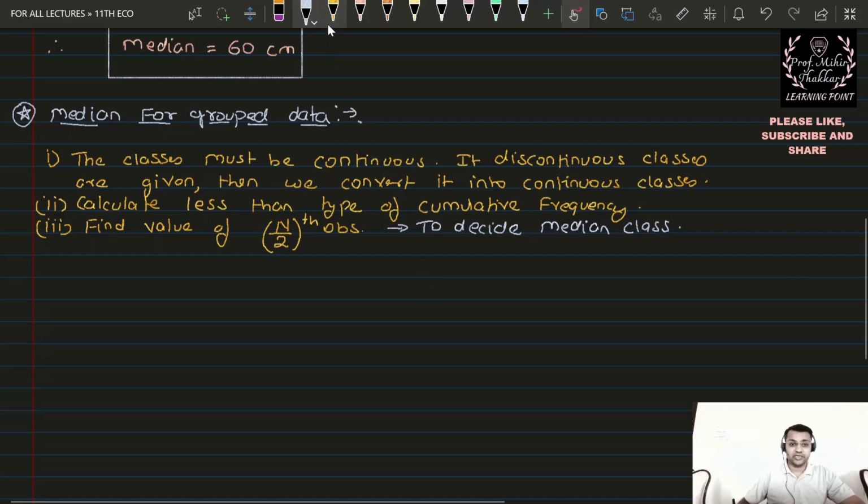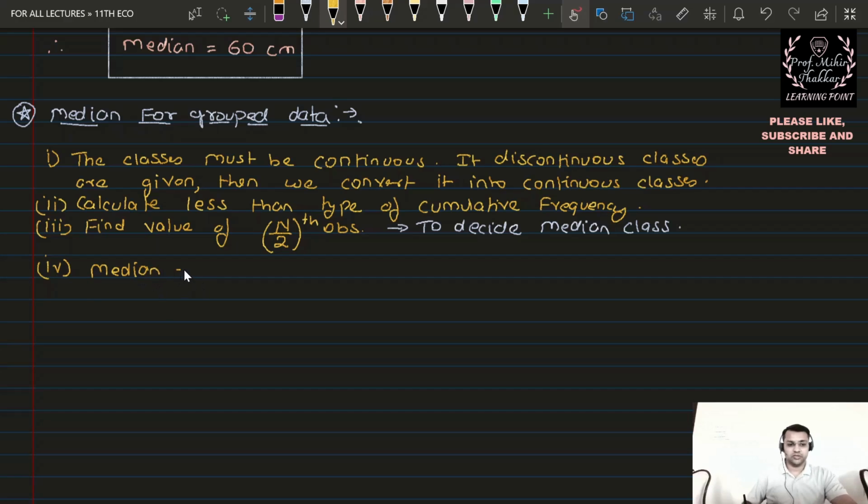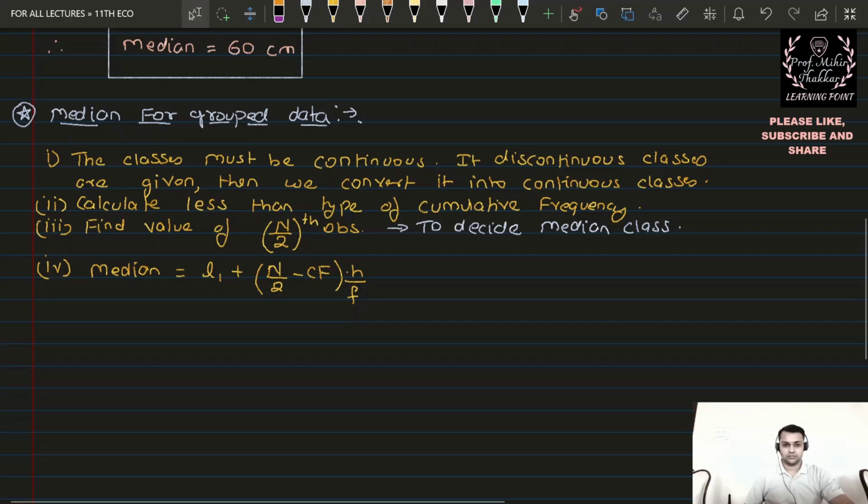Then once the median class is decided, then we go for the formula that median is equal to L1 plus n by 2 minus Cf multiplied by h by f. So let's understand what all these points are exactly over here.